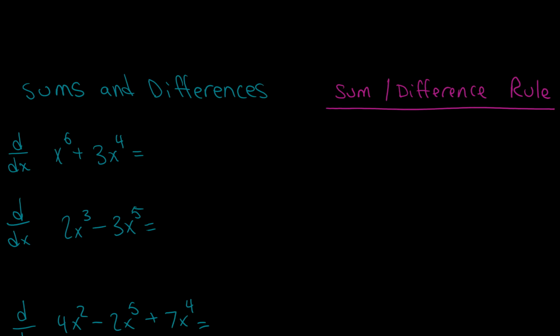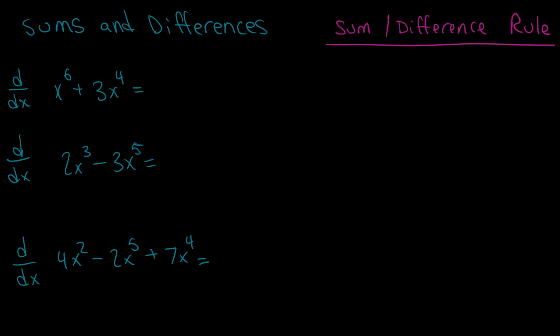Now continuing on, we'll add a little more complication here. If we're doing sums and differences with variables, we need to introduce the sum and difference rules. So I'll start off with the sum rule.